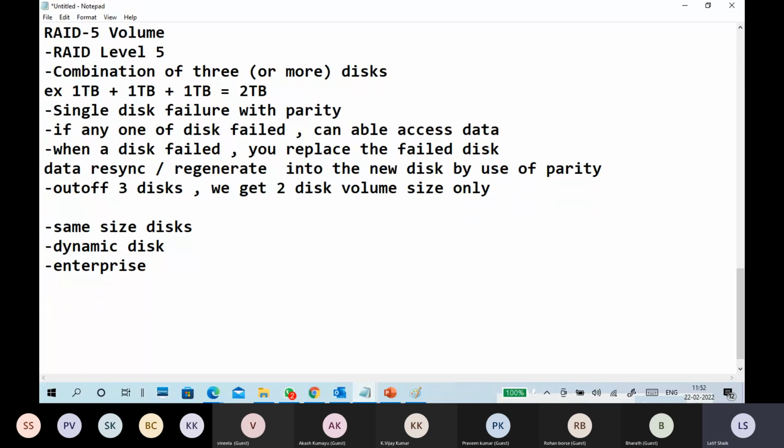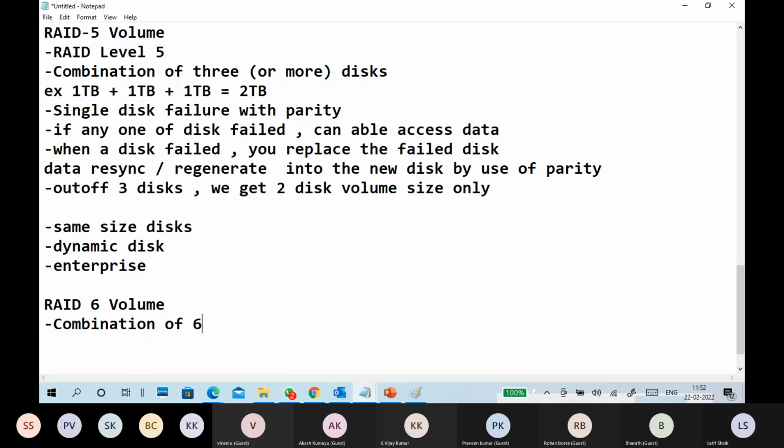But one more RAID is there, that is called RAID 6. RAID 6 is not a separate RAID. RAID 6 is also RAID 5 only, but the combination you use is different. In RAID 5 we use 3 disks.